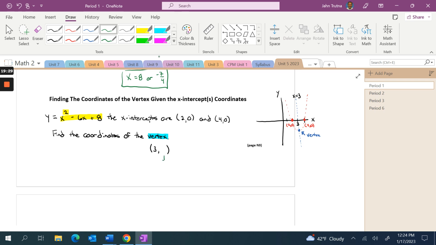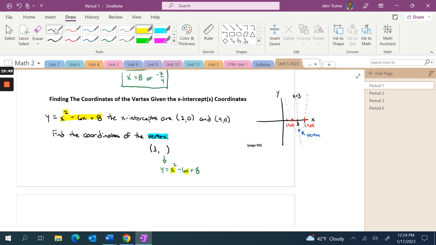Now, in order to find the y coordinate of your vertex, what you do is you take your equation, y equals x squared minus 6x plus 8, and in the two places where there's an x in the equation, you substitute the number 3.